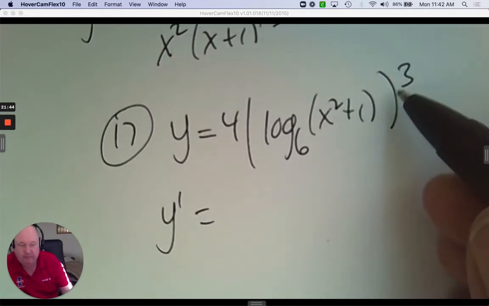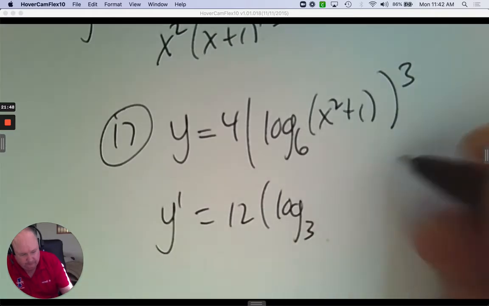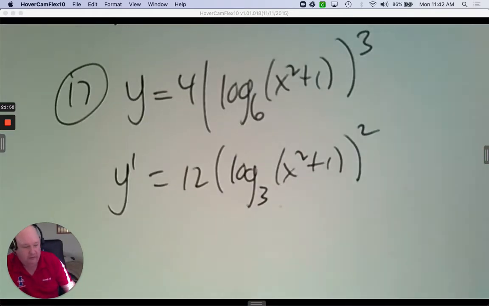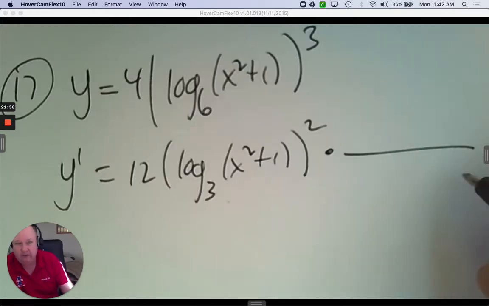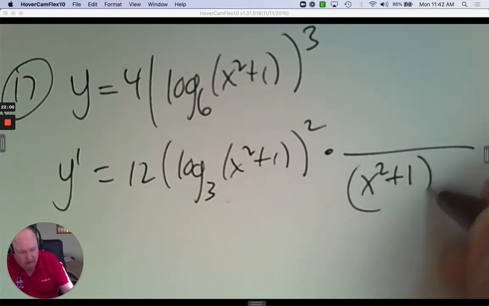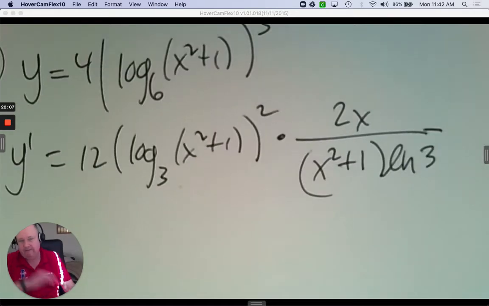All right, so the power rule is 3 times 4 is 12. Subtract 1 to the exponent times the derivative of what's inside. That's a fraction. So what you see, x squared plus 1, that's in the denominator. The derivative is 2x, but then it needs the hook ln 3 as an extra hook at the end.